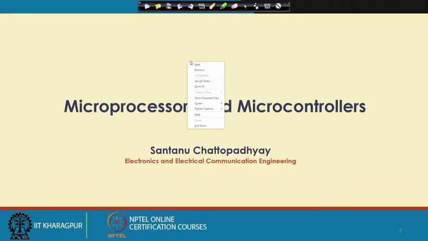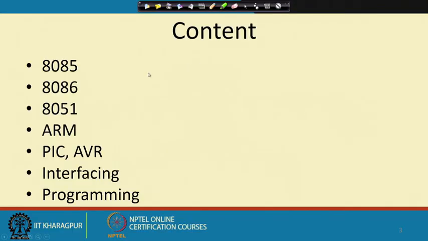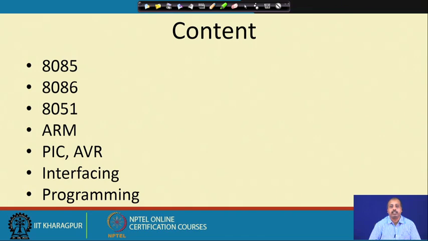We will look into some of them, like 8051, which is one of the basic microcontrollers and is quite popular because of its utility. Then we will look into a number of advanced microcontrollers.